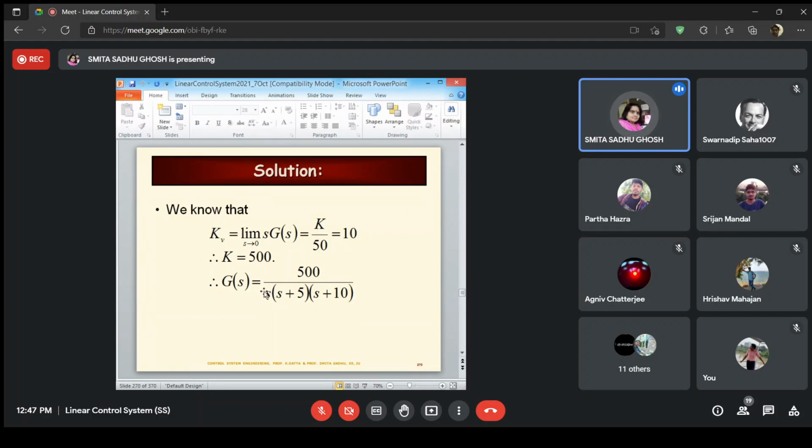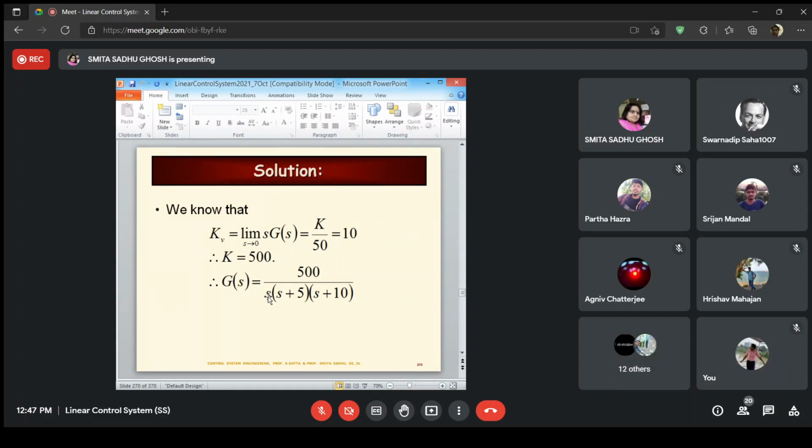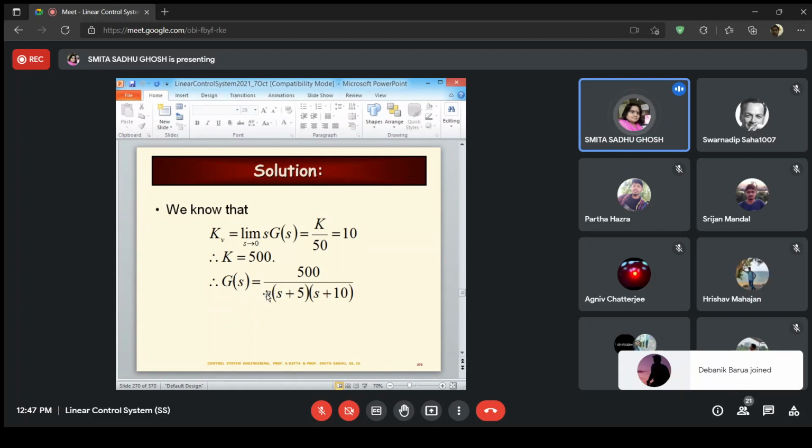How much of contribution from 1 by j omega to the phase? Minus 90 degree. So it is going to be minus 90 degree contribution to the phase from this first 1 by s, that is right. So the phase is 0 degree, that is from the 500.